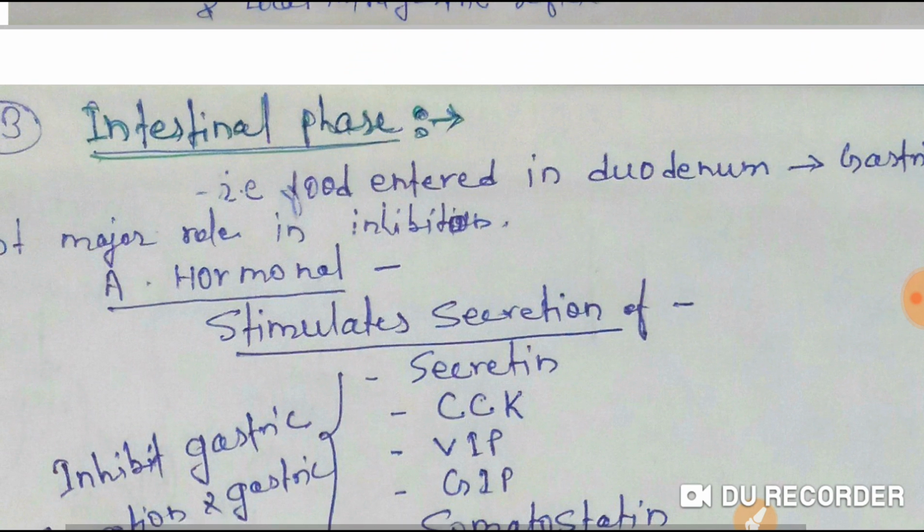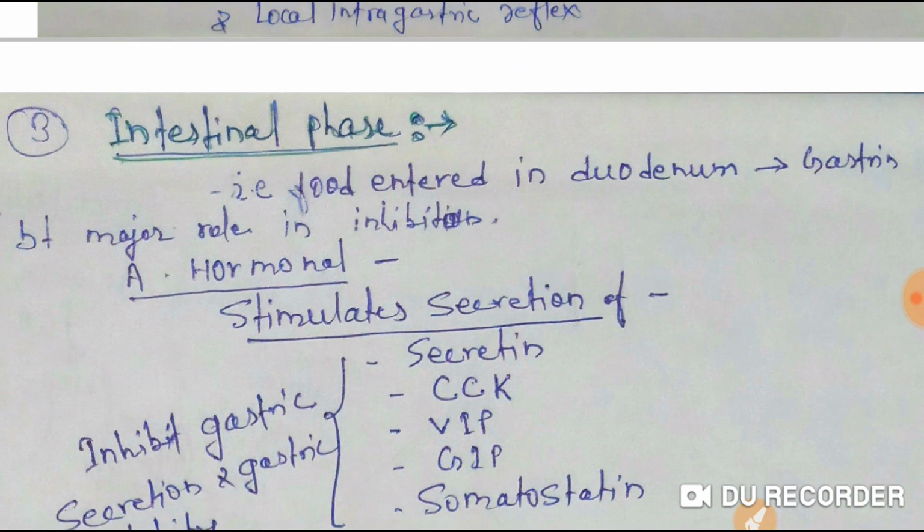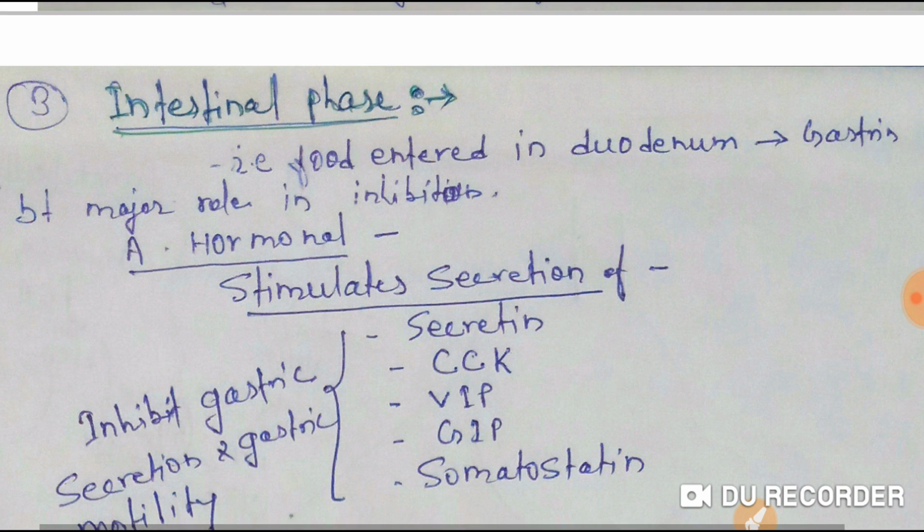Next is the intestinal phase. That means when the food enters the small intestine from the stomach, here the food entered in the duodenum, gastrin, but the major role is inhibition.